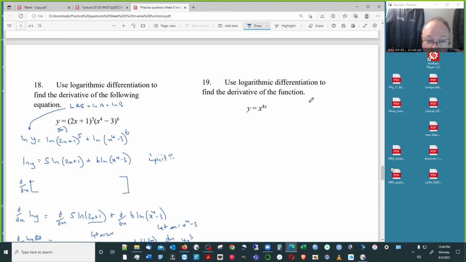Now, logarithmic differentiation. Again, take the log of both sides. That allows us to put the 4x down. We've got to do implicit. And you do it all again.